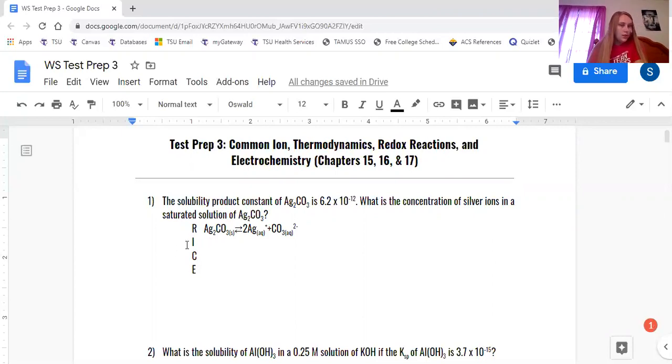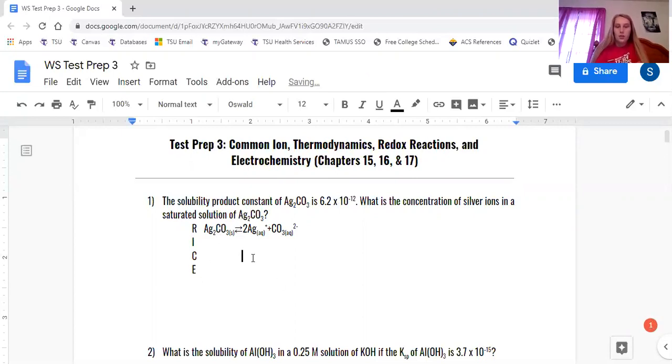Okay. So initial, we don't know the change, and we can figure that out. We are starting out with this on the left, so it's going to have to decrease on this side, which means it's going to have to increase on the other side.